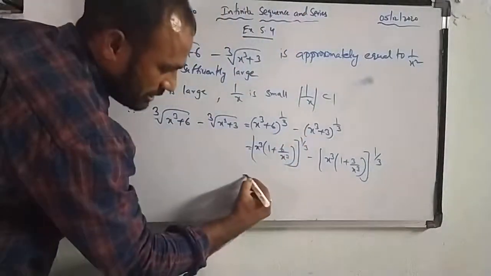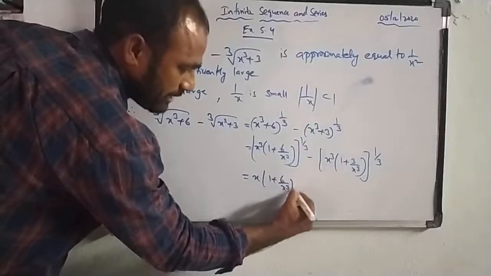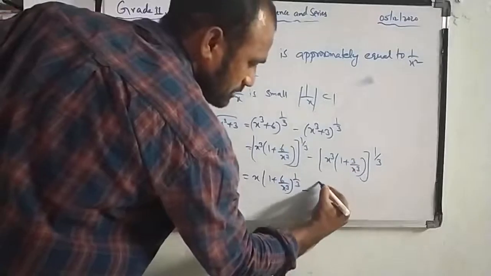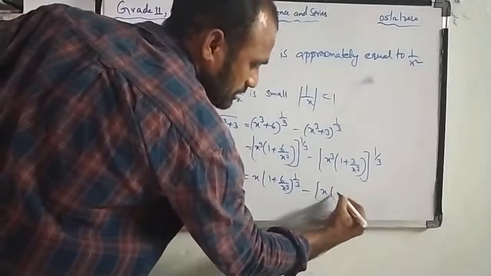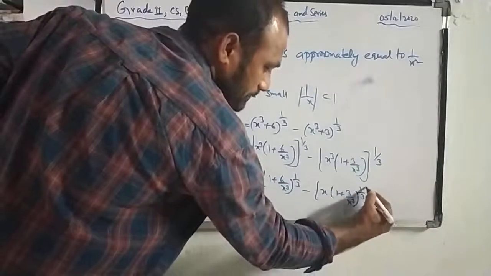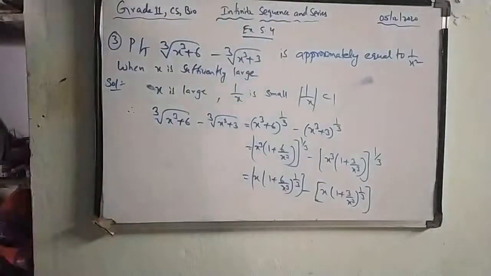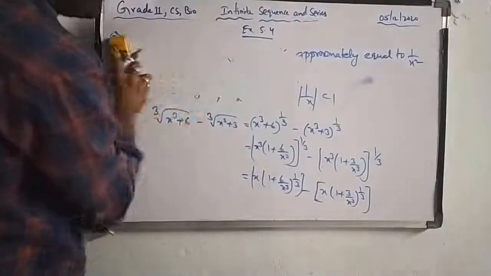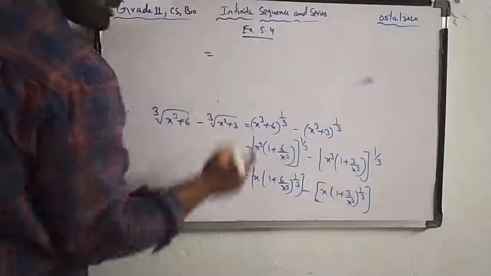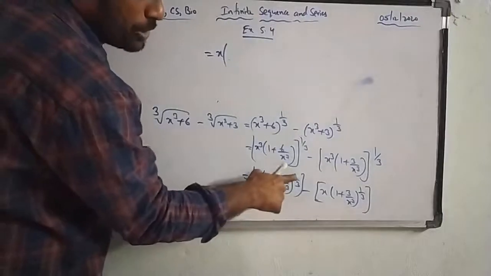So this 1 by 3 gets cancelled, that is left with x into (1 plus 6 by x cube) whole to the power of 1 by 3 minus x into (1 plus 3 by x cube) whole to the power of 1 by 3. So in this, if I take the first term, it is in the format of (1 plus x) whole to the power of n.